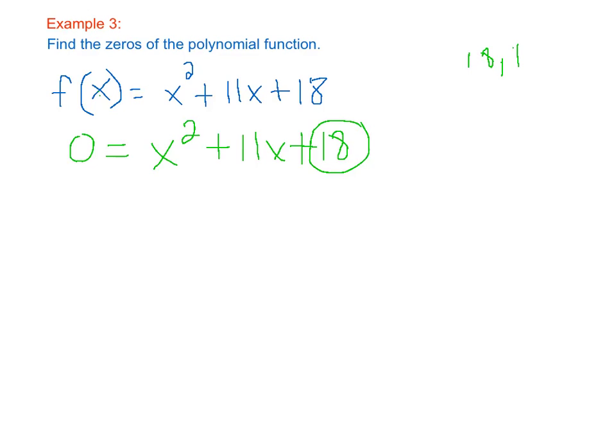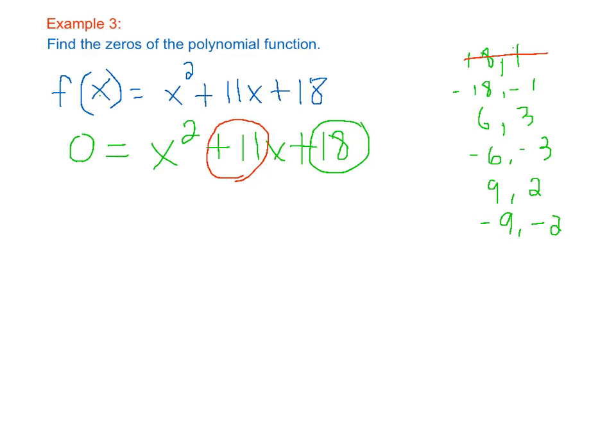We got 18 and 1, you've got negative 18, negative 1, we've got 6 and 3, we have negative 6 and negative 3, we've got 9 and 2, we've got negative 9 and negative 2. Then look at that middle term there, and look to see which one of those factors, when you add them together, give you 11. Well, that gives you 19, that gives you negative 19, that gives you 9, that gives you negative 9, this gives you 11.